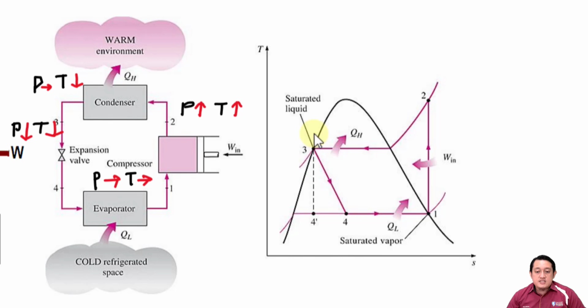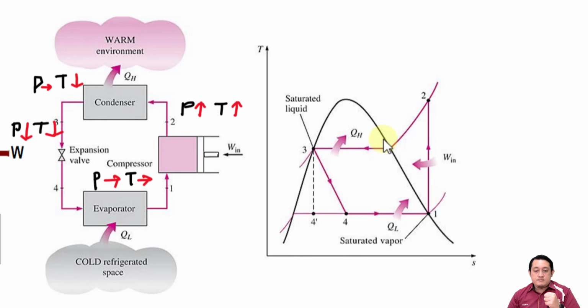If you look at this curve here, this is the saturation line. Saturation means that on the left side, the properties will be liquid. This is the part where it changes to liquid.